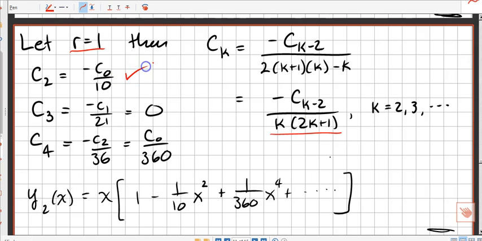So we get that c sub 2 is going to equal negative c sub 0 over 10. C sub 3 is 0. C sub 4 is c sub 0 over 360. So we get our second solution, which is x to the power 1, which is the value of r, times the summation of 1 minus 1/10 x squared plus 1 over 360 times x to the 4th.